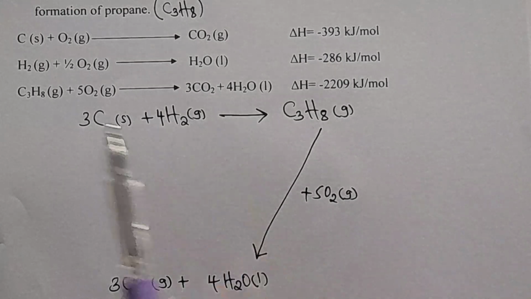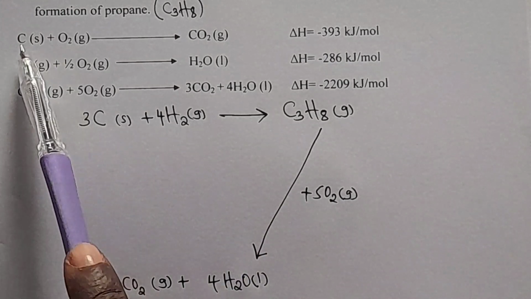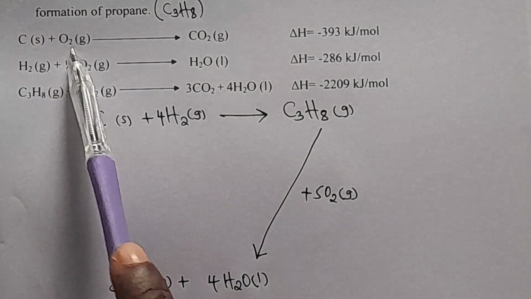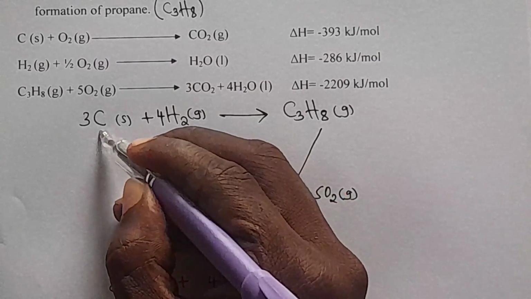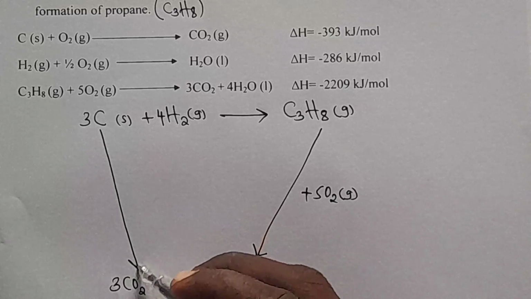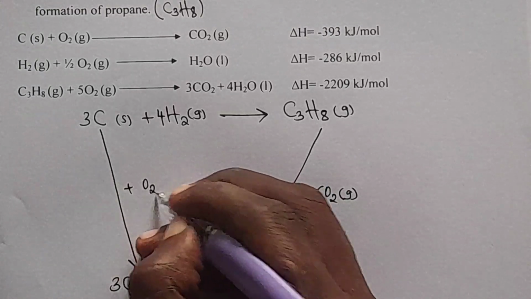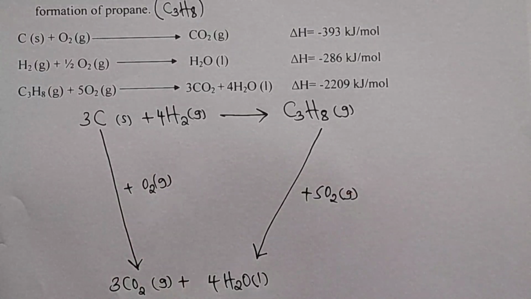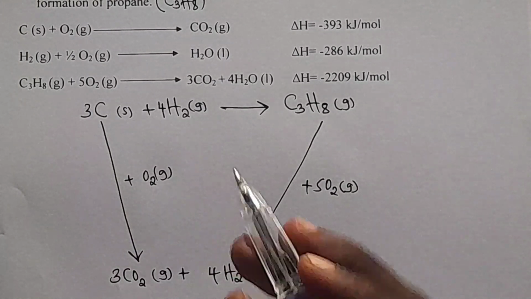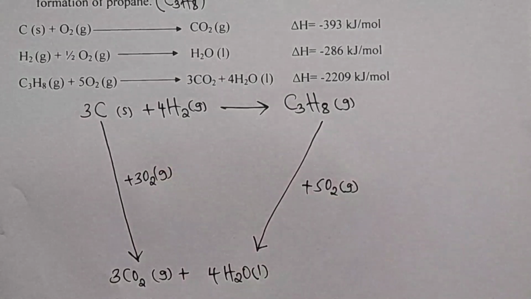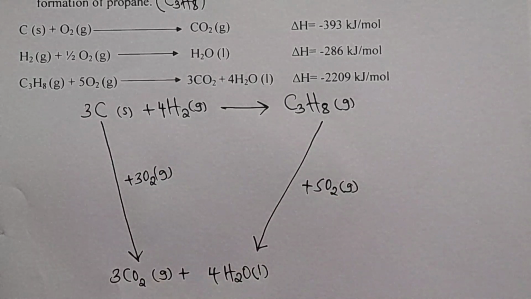So next, the thermochemical equation given, we have carbon reacting with oxygen giving us carbon dioxide. And that equation, we can get it here: carbon, then an arrow, then plus oxygen gas, we get carbon dioxide. But let us balance that equation because we have 3 carbon here and 3 carbon here. So we have 6 oxygen, so we are supposed to put 3 there, so we have 3 moles of oxygen gas.